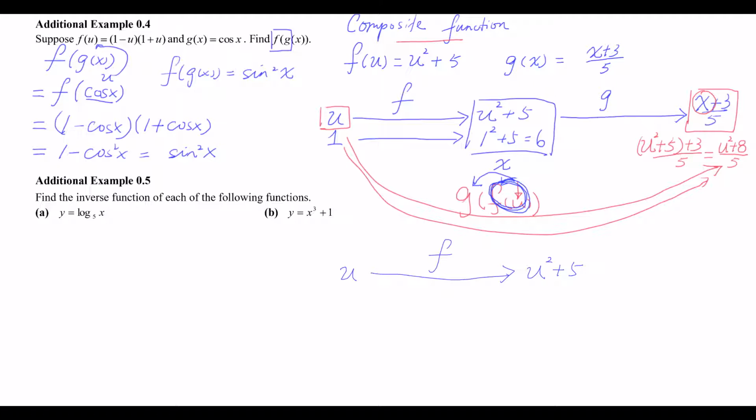If we can reverse the process, then this part is called the inverse function. It means this part becomes the independent variable, and we are just going backwards.